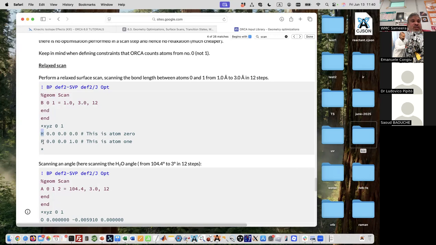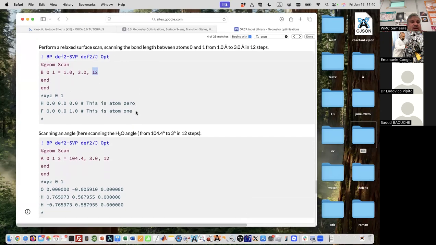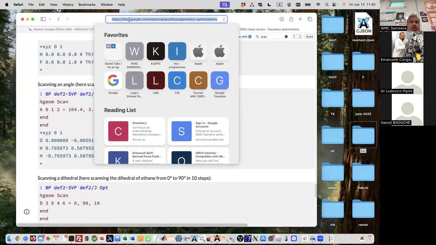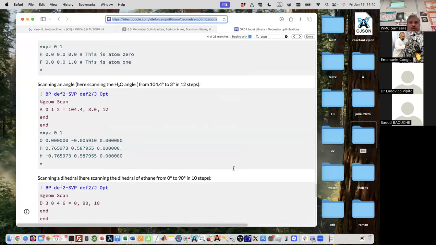This is the hydrogen fluoride, HF molecule, potential energy surface. It changes from 1 angstrom to 3 angstroms in 12 steps. Yeah, so I will share this in the chat box.